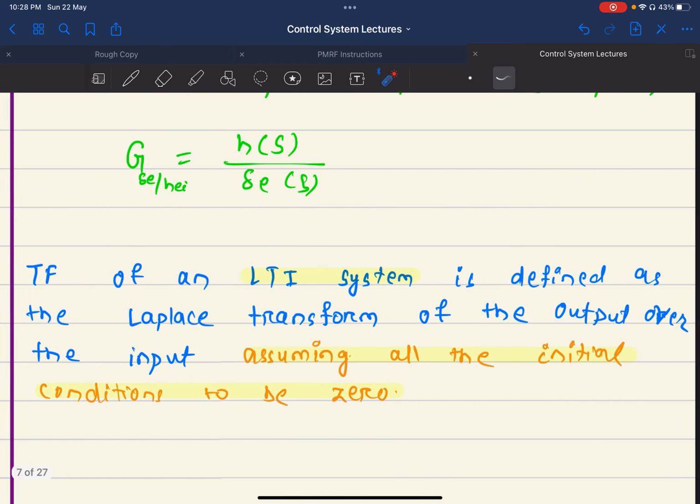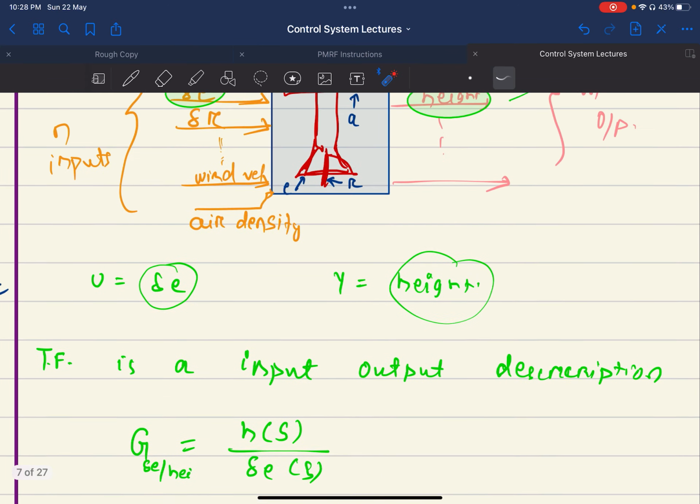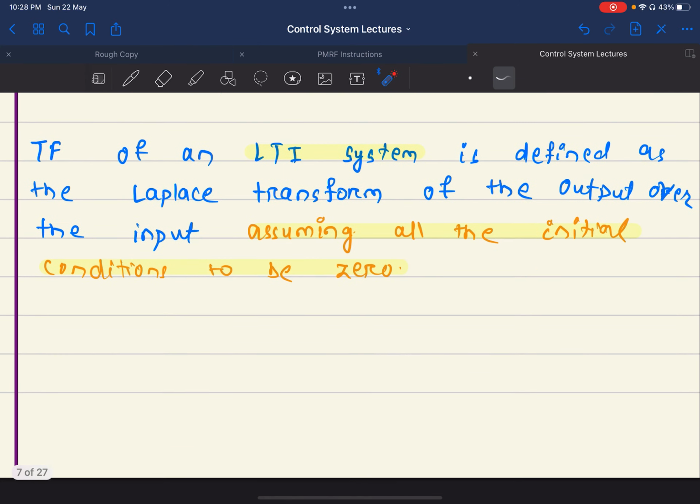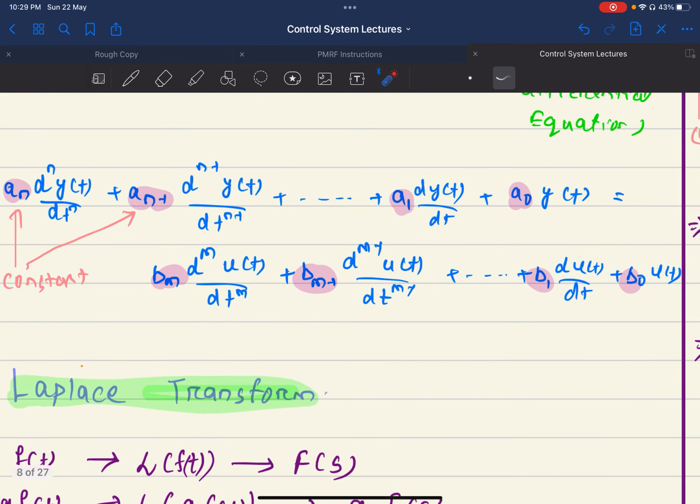And we explained what a transfer function is, and we derived the generalized transfer function for an LTI system.